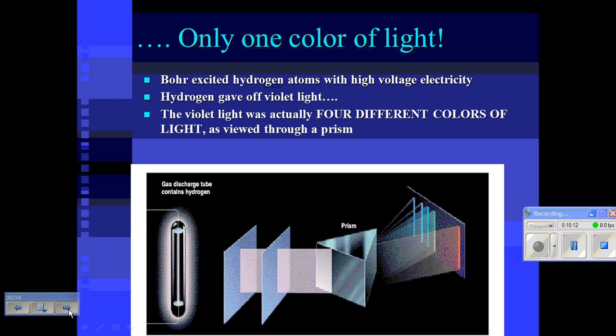If there was only one electron and it was just in this one single ring, then there should have been only one color, not four different colors of light being given off as they viewed it through a spectrum, or excuse me, through the prism. They knew something had to be different to the model. So this is what led then to the orbitals.